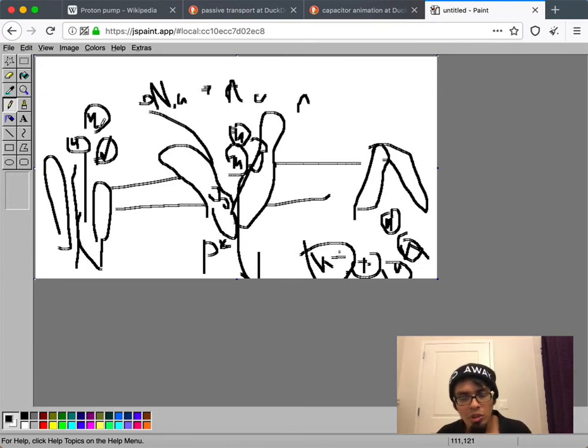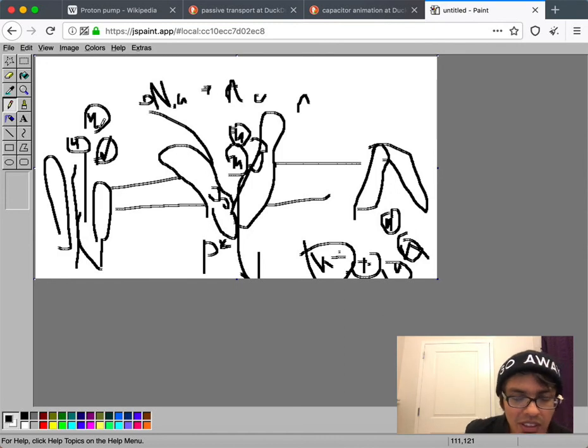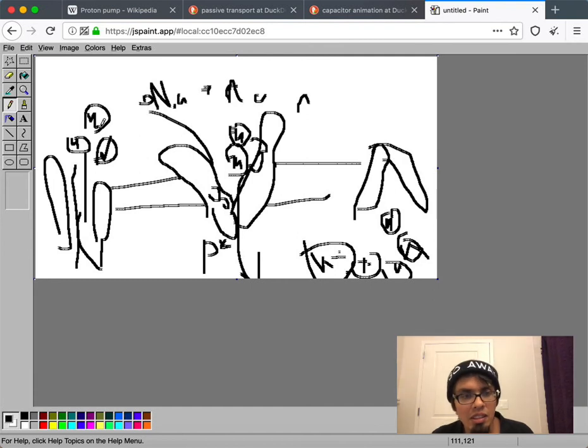Because once you build up enough K plus in a cell, it needs to get out, right? Otherwise, if it didn't have a way out, you'd have an eventual dielectric breakdown, and like lightning would shock out of the cell.